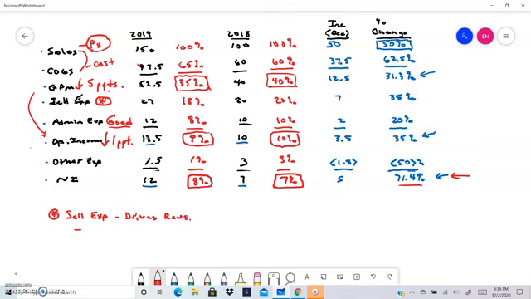Selling expense is where our sales, marketing expenses, promotion expenses, advertising, internet marketing, all of that stuff takes place. It's also where our product development, research and development, all our innovation related expenses take place that hopefully separate us from our competition. So that's generally speaking the last place we want to cut costs.